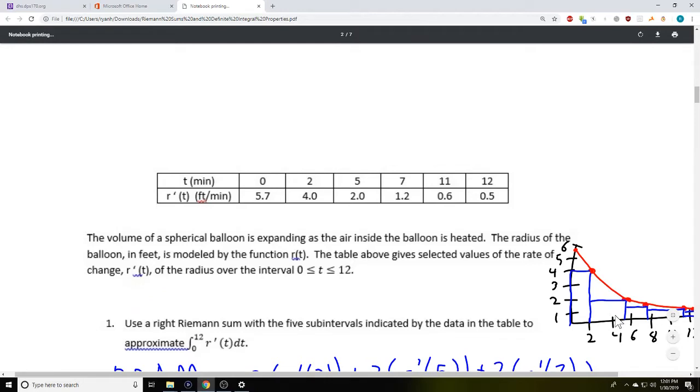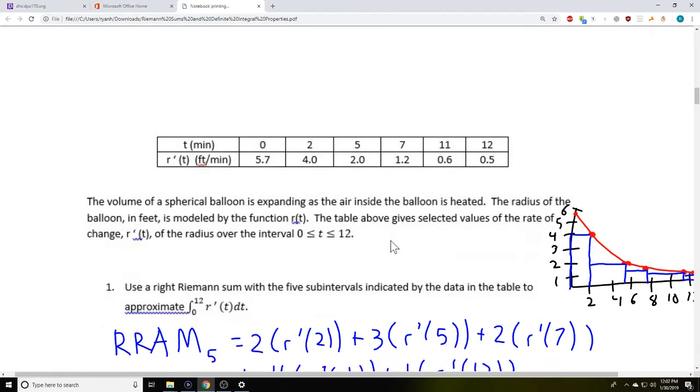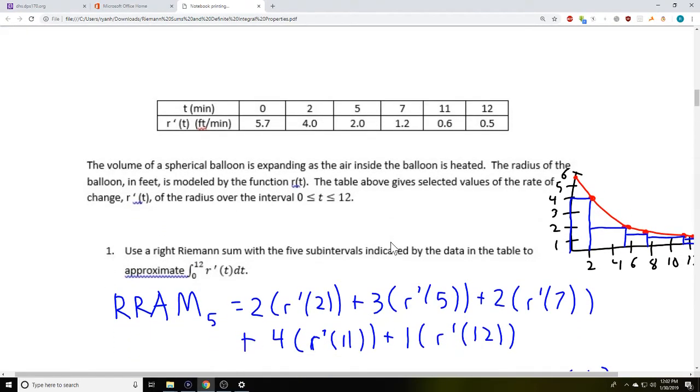And then from 2 to 5, our base is going to be 3, right? That distance from 2 to 5. And then our height is going to be the y value at that right endpoint of 5. So 2.0. Okay, and so on.